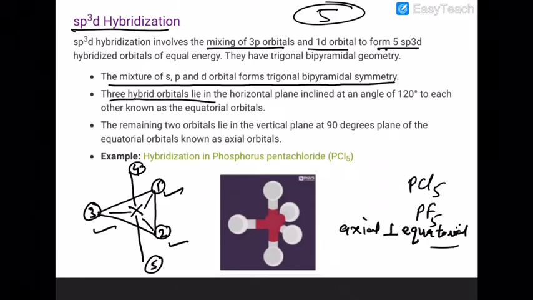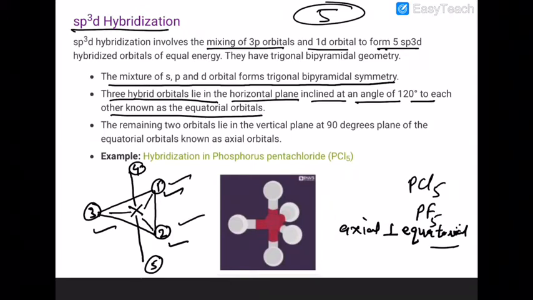3 hybrid orbitals lie in the horizontal plane, inclined at an angle of 120 degrees to each other, called equatorial orbitals. Atom number 1, 2, and 3 are in the equatorial orbitals. Are you sure about that?